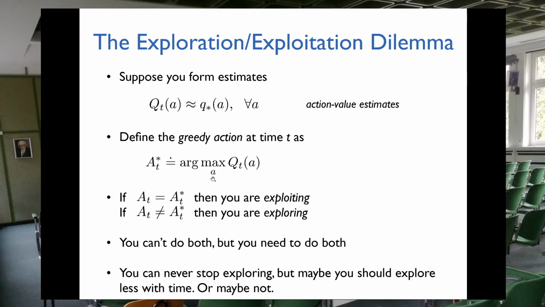Okay, so whenever we say you select a greedy action, what you need to do is to look at all the Q values of the actions, and you will select the action with the largest Q.